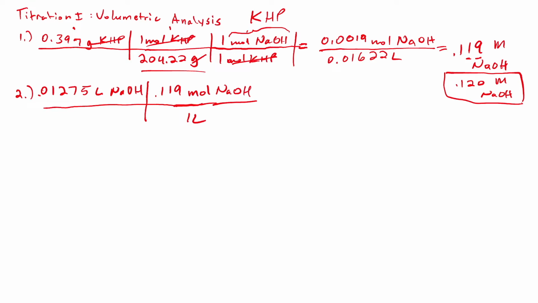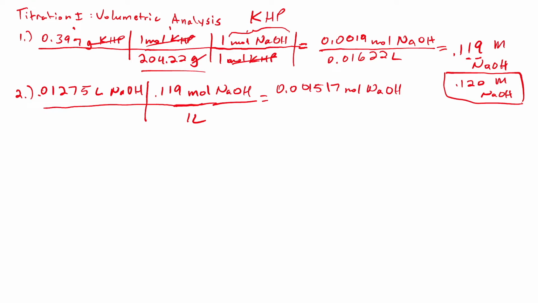So all you have to do there is multiply 0.119 times 0.01275, and you should get something very close to this number, 0.00157 moles of NaOH.